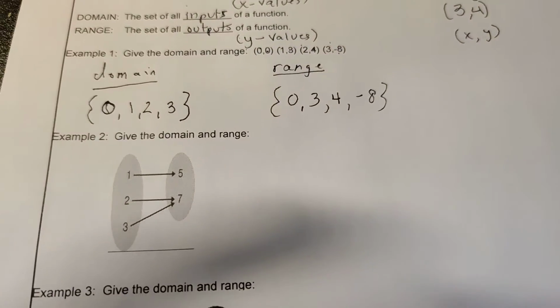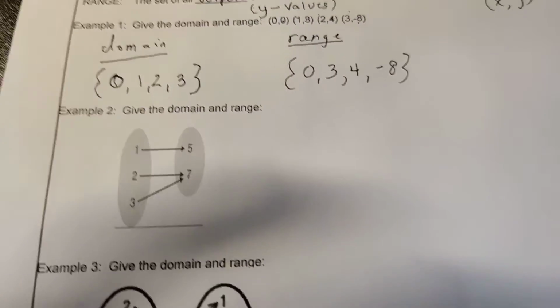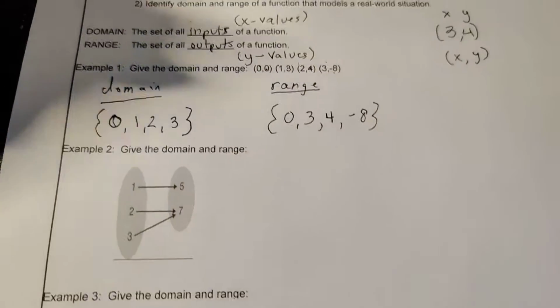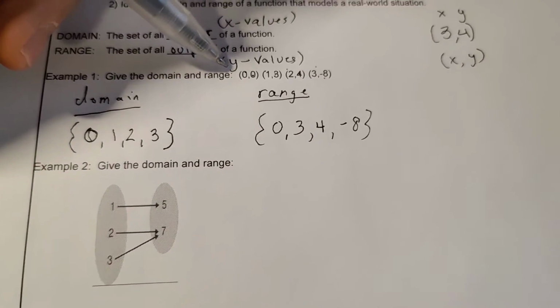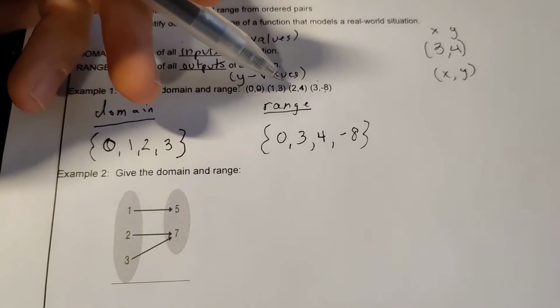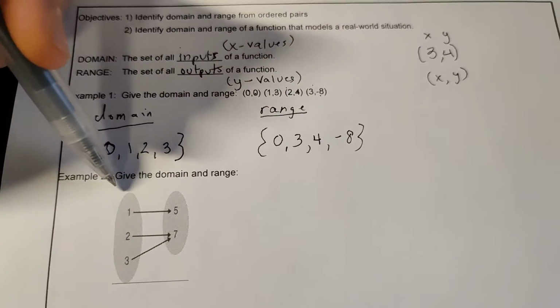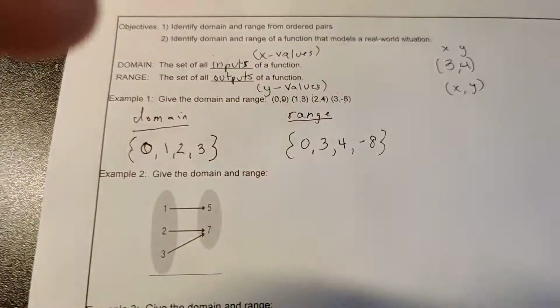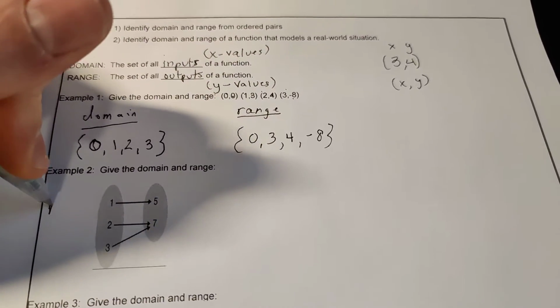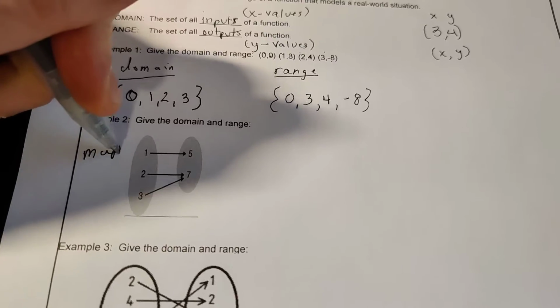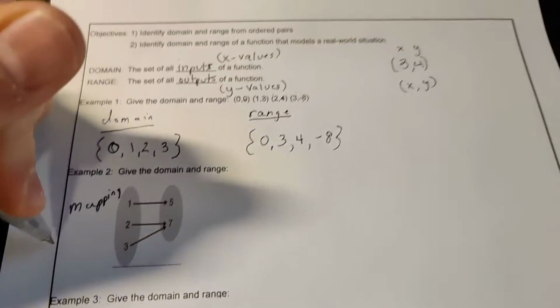All right, so example 2 is slightly different from example 1. In example 1, we had a set of 4 coordinate pairs. In example 2, we have what you should remember from the previous lesson is called a mapping diagram.